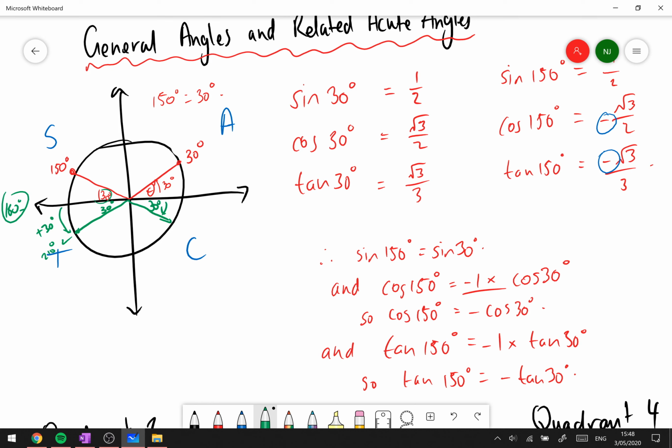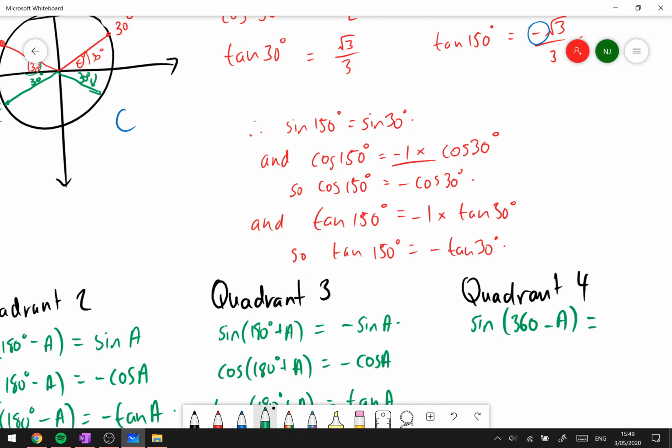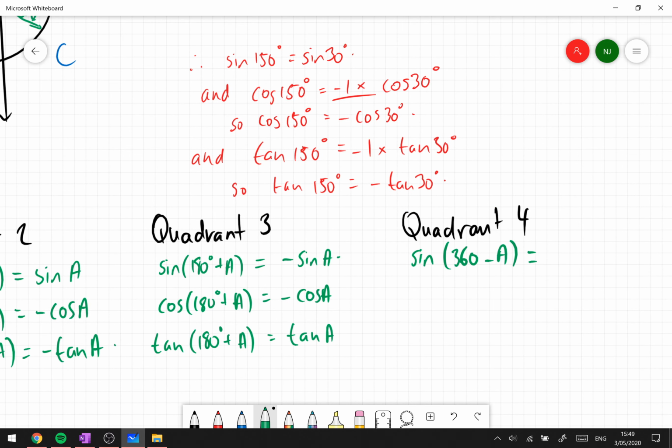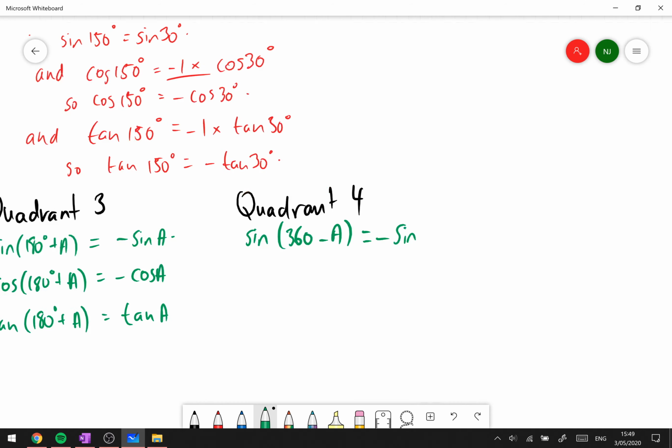If I'm going clockwise, I am subtracting. So in quadrant 4, sine is negative. Cos in this case is positive, so that's just equal to cos of A. And then finally, tan of 360 minus A is equal to negative tan of A.